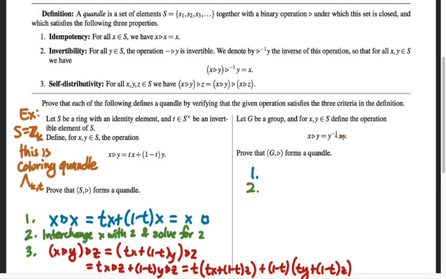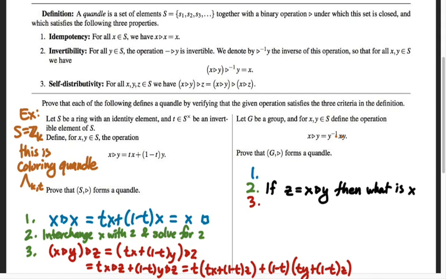So same kind of process for the invertibility. Interchange x with z and try to solve that resulting equation for z. I actually want to do that as our example here. So if z equals x triangle y, then what is x?